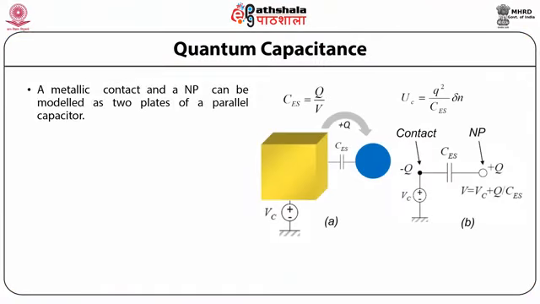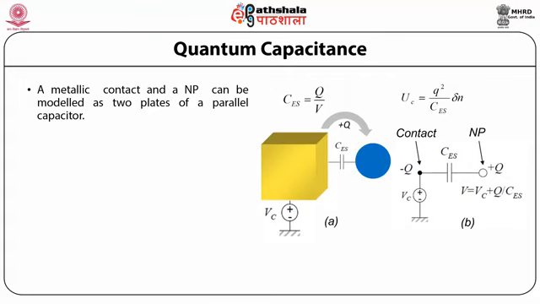However, when delta n is plus 1 or minus 1, the LUMO or HOMO would be half full respectively, and the Fermi energy would be in the LUMO or HOMO respectively. The transfer of charge establishes the equilibrium and reduces the number of electrons that are transferred after contact is made between the contact and a nanoparticle.